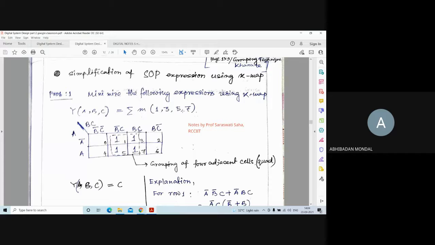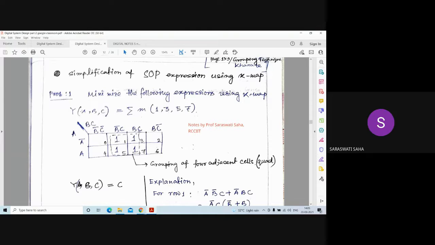Okay. So how many input variables are there? 3. Suppose 5 and 7 are not there, only 1 and 3 are there. Then 2, because for 2 variables, 3 is the maximum value. 0 to 3, right? Yes, ma'am.